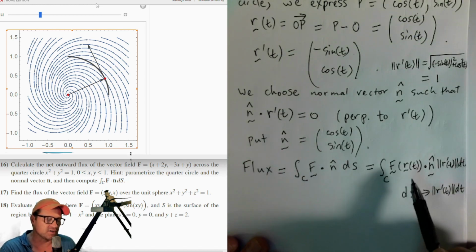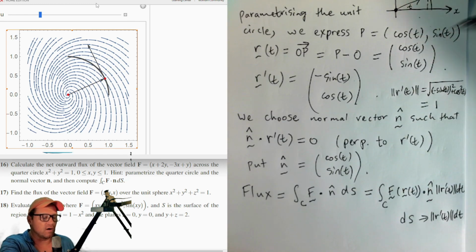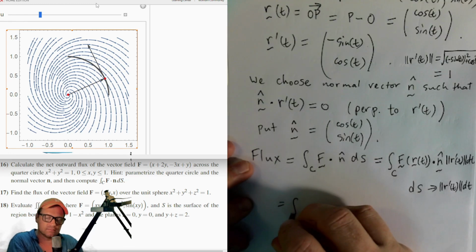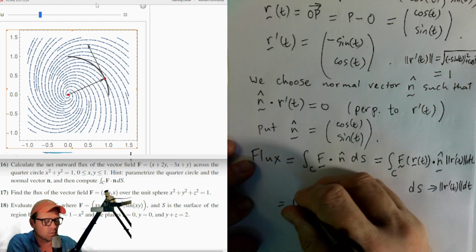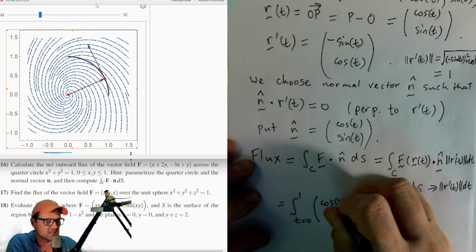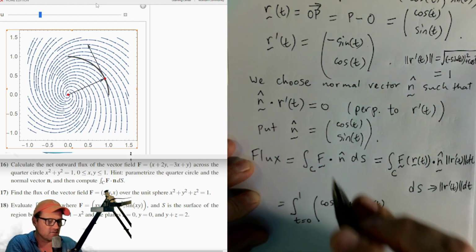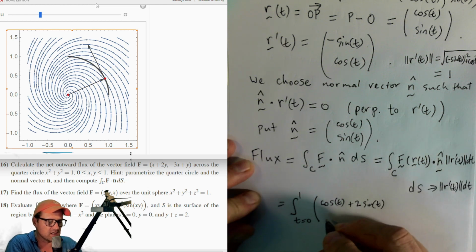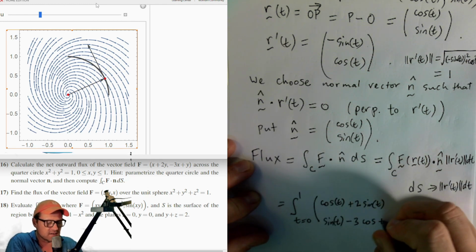Okay, so now what we do is we replace x and y with the components of r. We have the integral over c, but this is t goes from 0 to 1. Now f of r is cos of t plus 2 sine of t, and then y minus 3x will be sine of t minus 3 cos of t.